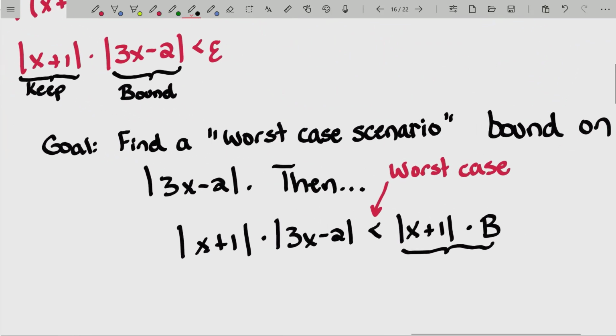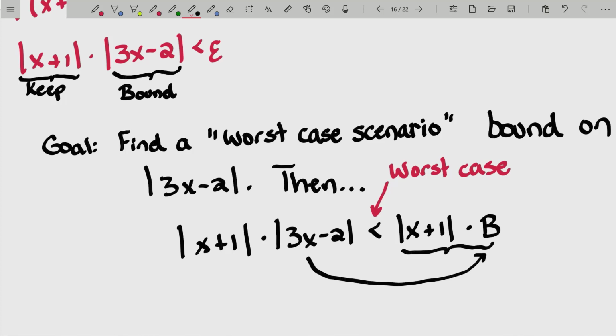Then, if you find out what that number is, let's call that number b. Let's say that the worst case scenario that 3x minus 2 in absolute value could be is b. Then you know the absolute value of x plus 1, which is right here, times the absolute value of 3x minus 2, which is right there. I'm just recreating this picture. You know that in the worst case scenario it is less than the absolute value of x plus 1, because that's what we want to keep, times b. Again, the largest 3x minus 2 in absolute value will ever become is that b.